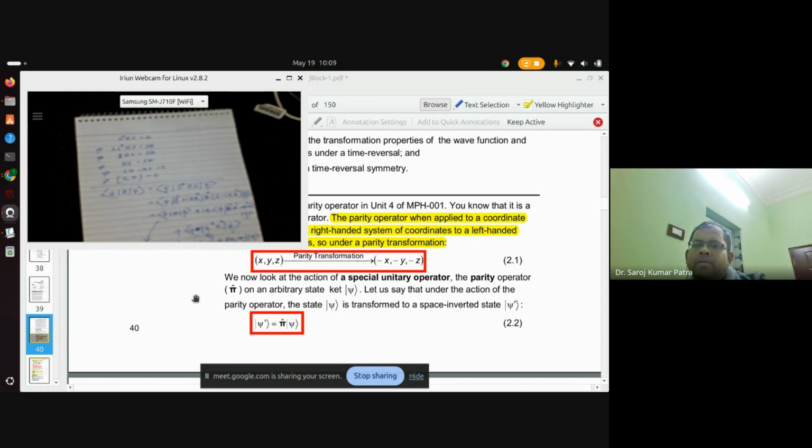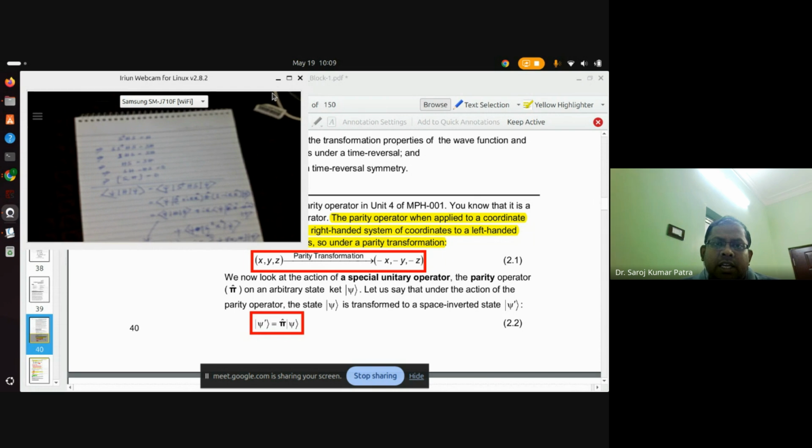Or if you have a three-dimensional Cartesian coordinate system, you have 8 octants, right? If you are going from the first octant to the diagonally opposite octant, that is what it is doing.